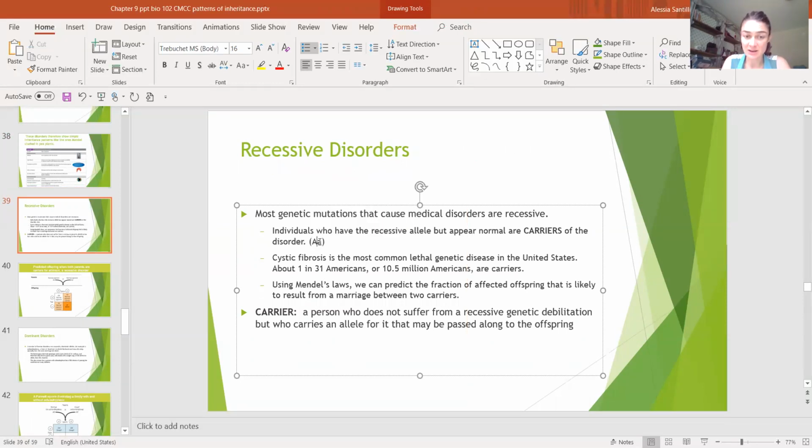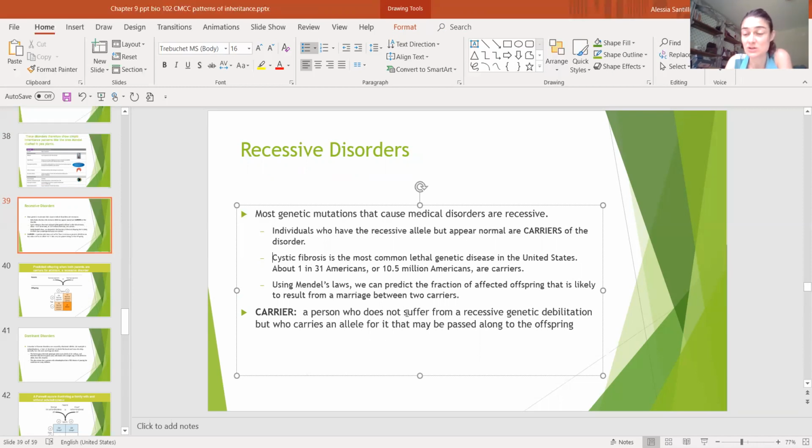But if they come together with another person who has the recessive allele, they have a 25% chance of having a child with the recessive disorder. Cystic fibrosis is one of the most common ones, and it's also quite lethal. There are some statistics here: about 1 in every 31 Americans, or 10.5 million Americans, are carriers.